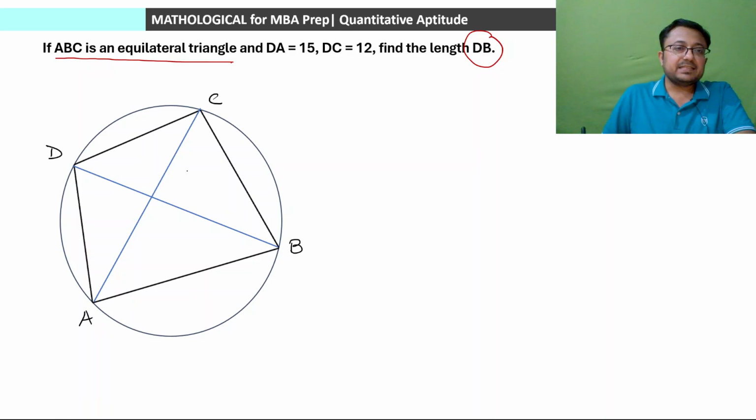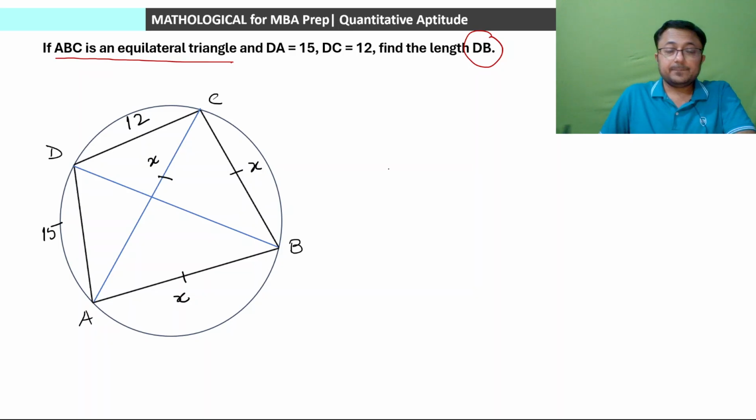If ABC is an equilateral triangle, then AC will be equal to BC will be equal to AB. DA is equal to 15 and DC is equal to 12. Let us say AB, BC and AC are all equal to X. We have to find the value of DB, so let's apply Ptolemy's theorem.